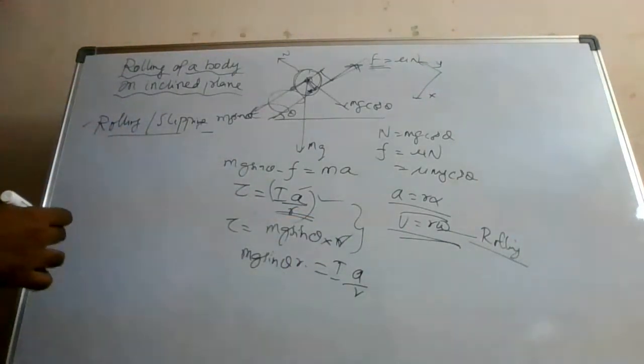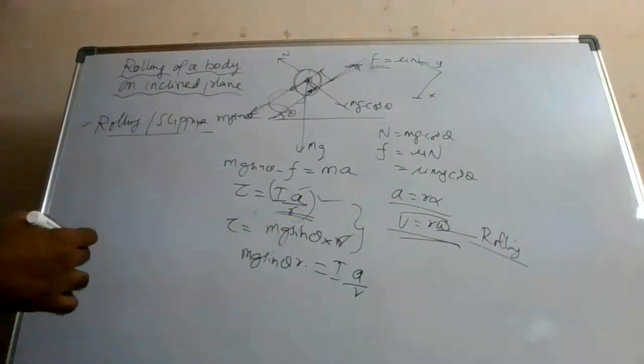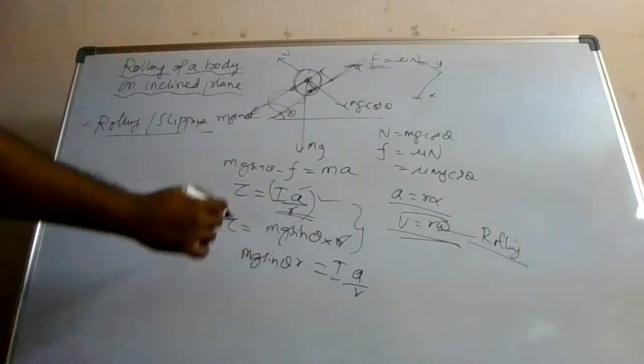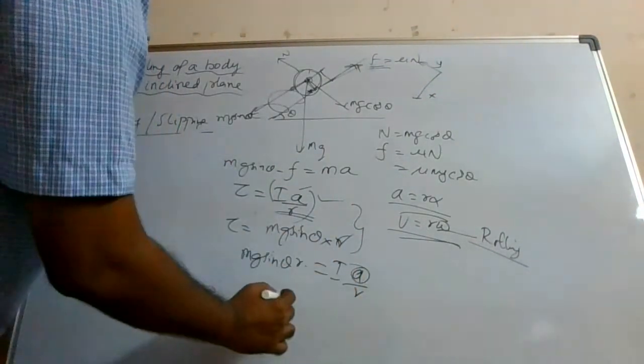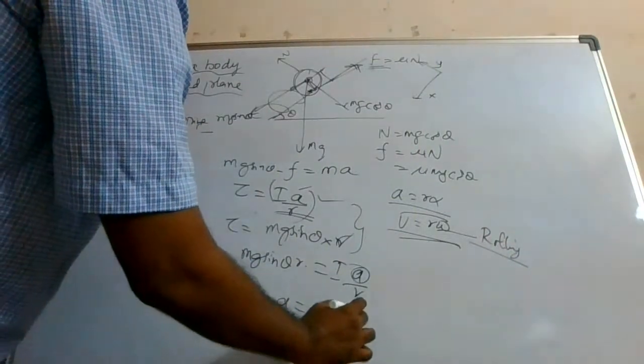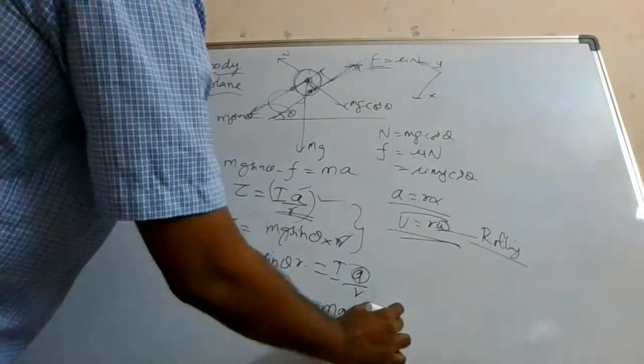We want the value of a, so a is equal to mg sin theta into r square by I, isn't it? So from here this a is unknown, so a is equal to mg sin theta into r square divided by I.